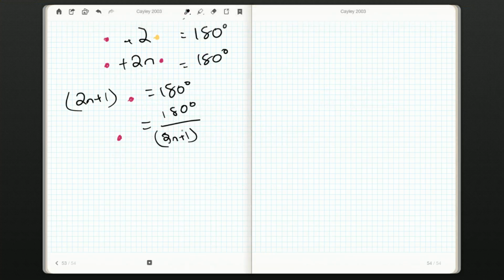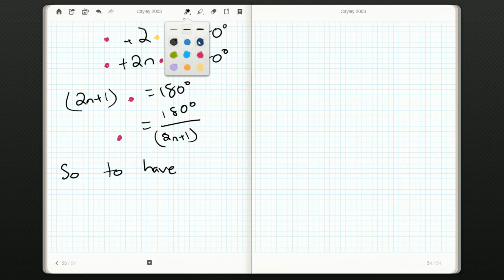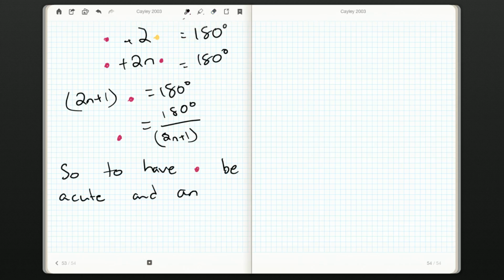So now, to make this a little clearer. To have a red dot, which is our starting angle, be acute and an integer.